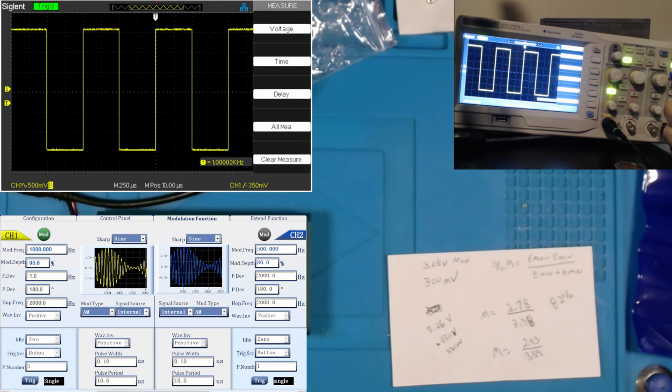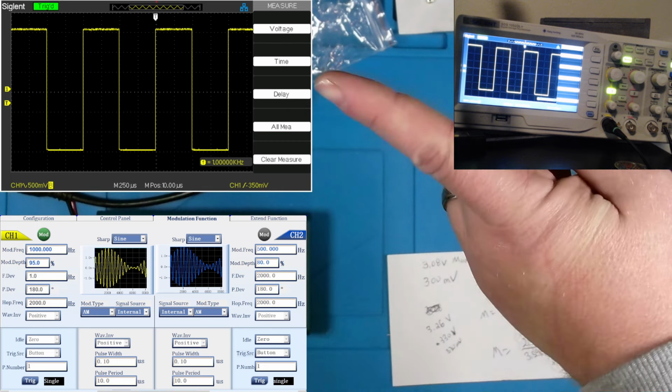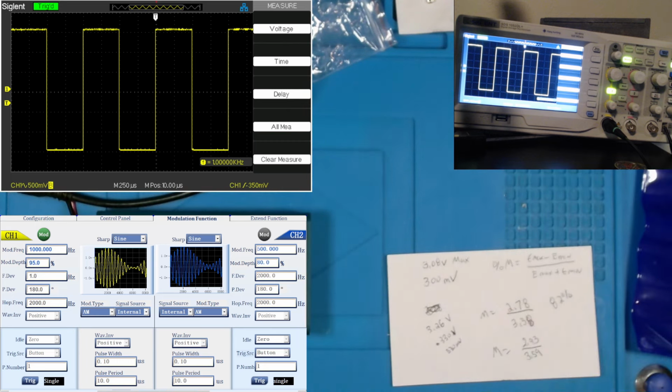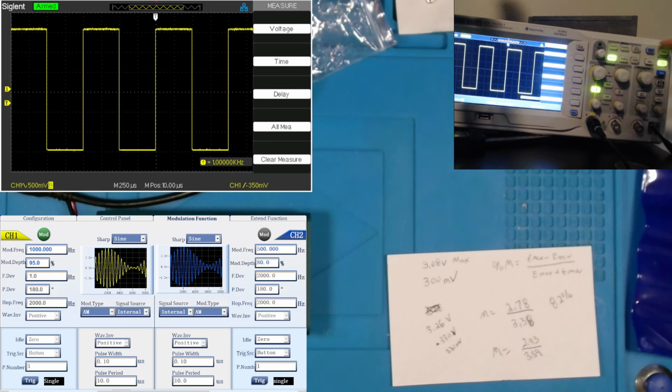You see this run stop here. Right now I've got this recording, as you see over here, so it's constantly in run mode, so you can see that signal. But you could do a single sweep over on the right hand side, if you needed to just capture something, you've paused it.